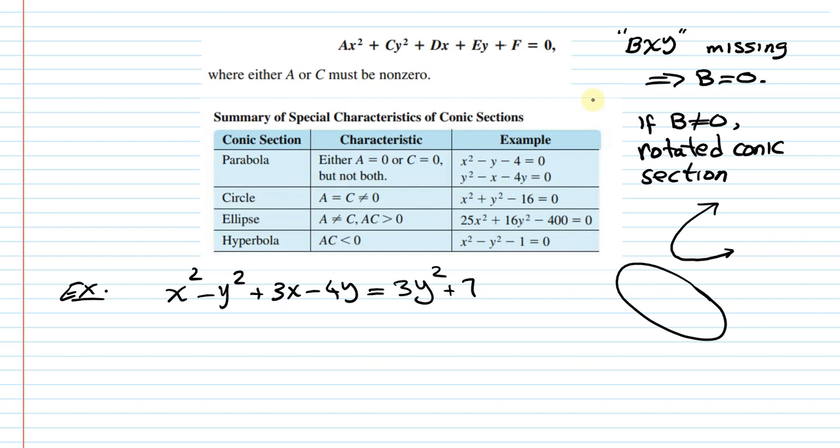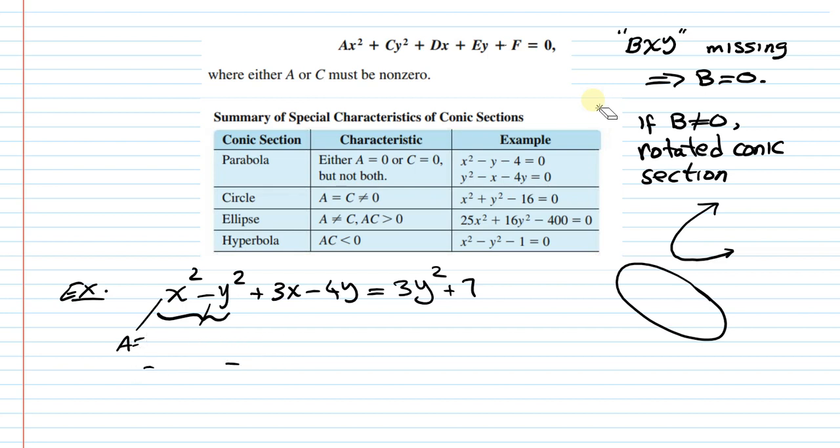Let's say I want to identify which of the four conic sections this is. I cannot immediately say, oh, x squared minus y squared, A is 1, C is negative 1, the product 1 times negative 1 is less than 0, this is a hyperbola. That's wrong.